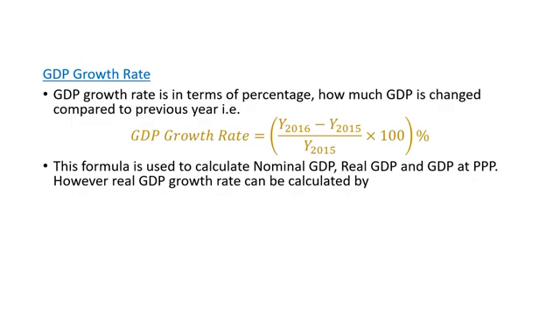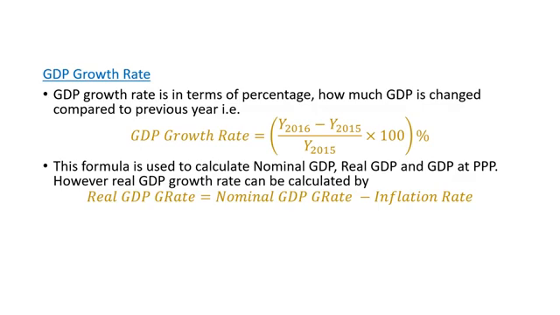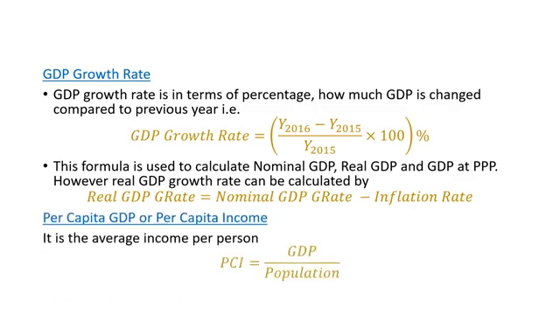However, real GDP growth rate can also be calculated by subtracting the inflation rate from the nominal GDP growth rate. Per capita GDP, or per capita income, is the average income per person of an economy.